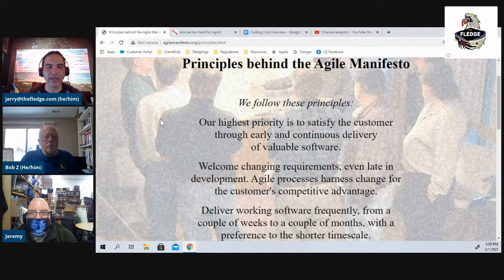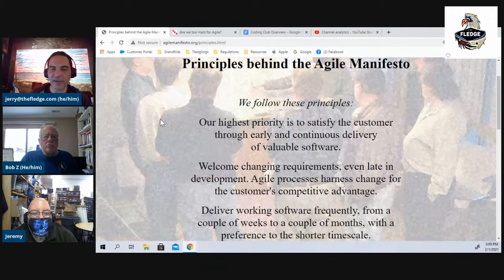You want to make your life or your job easier in some way. So I just want to go through these principles real quick. And starting with the first one, the highest priority is to satisfy the customer. Again, even if it's just yourself, and to do that through early and continuous delivery of valuable software.